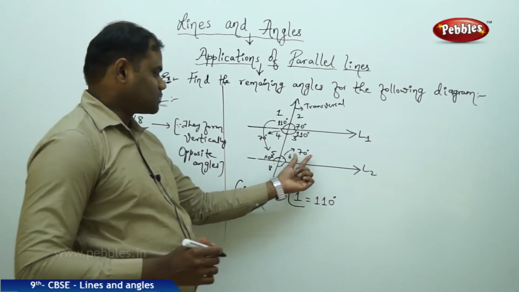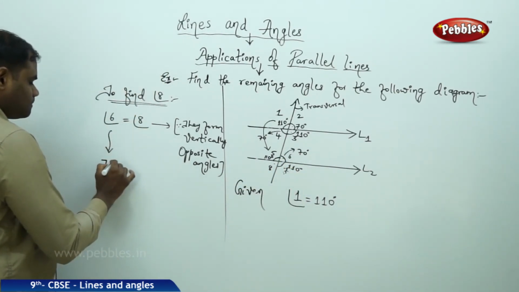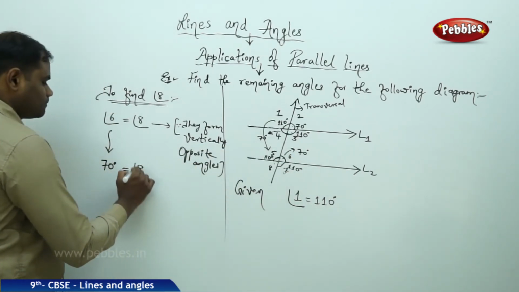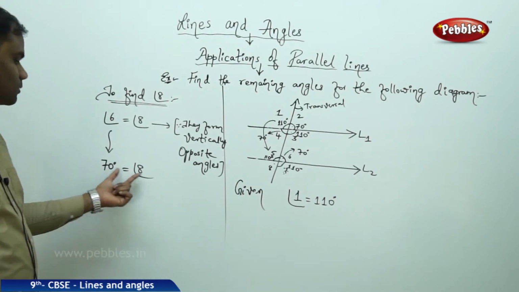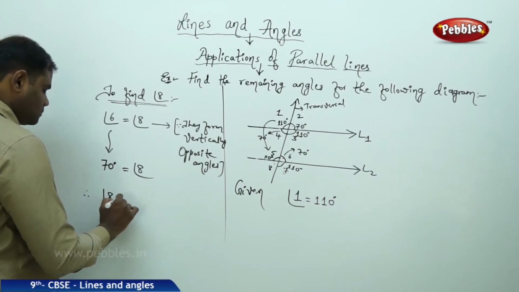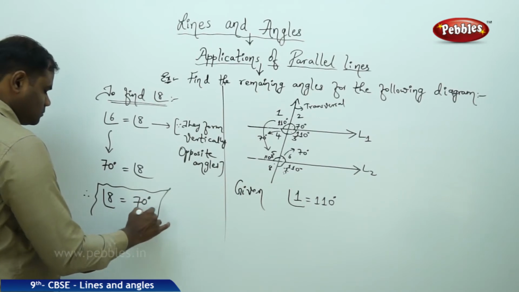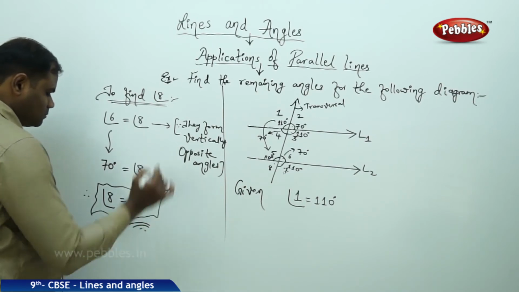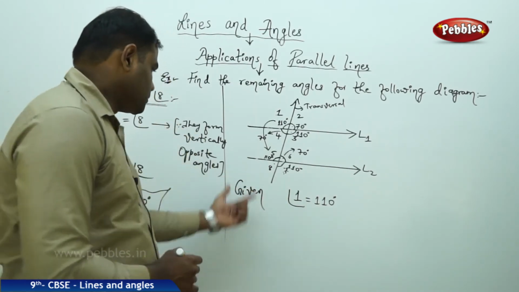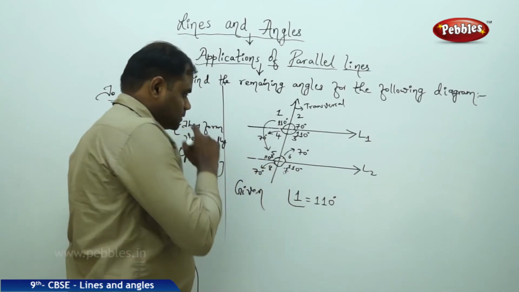And my angle 6, which is 70 degrees, is substituted here, which is already found in the previous case. Therefore, my angle 8 is 70 degrees. The last angle here is found to be 70 degrees.